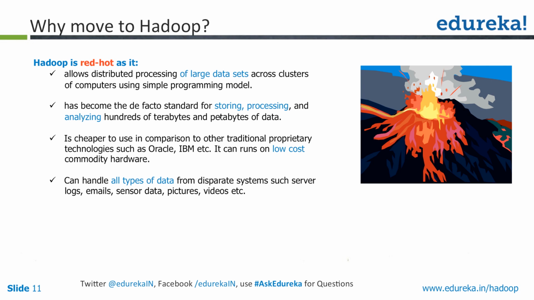Your data can reside anywhere, and there's no limit to the amount of data you can store there. The Hadoop architecture has two core components, and I'll talk about that. The basic thing with Hadoop is that instead of storing your data at a single location, you distribute it across clusters of computers. That's how Hadoop stores its data.